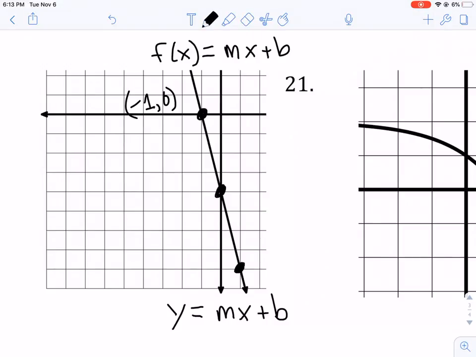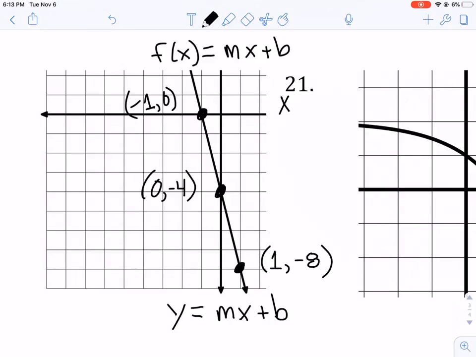Now, if I look at my next ordered pair here, 1, 2, 3, 4, I get 0, -4. And if I look at my next point here, I get 1, -8. Now, some of you might already be saying, I see a y-intercept here, but for the sake of what we're doing, we're going to use a table.